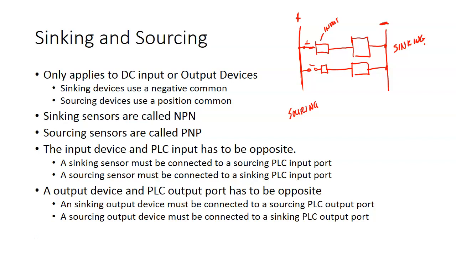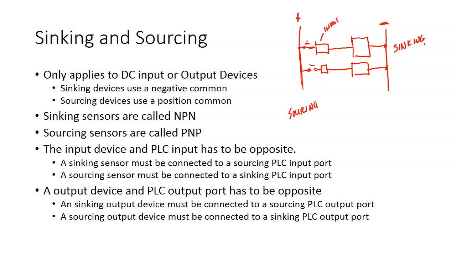Well, on sensors, if you buy a sourcing sensor and hook it up to a sourcing input, nothing's going to work. So you think you got a bad sensor, but you bought the wrong type of sensor. You hook it up, it doesn't work, and you say, okay, we got a bad part. Well, the problem is you bought the wrong part, right?